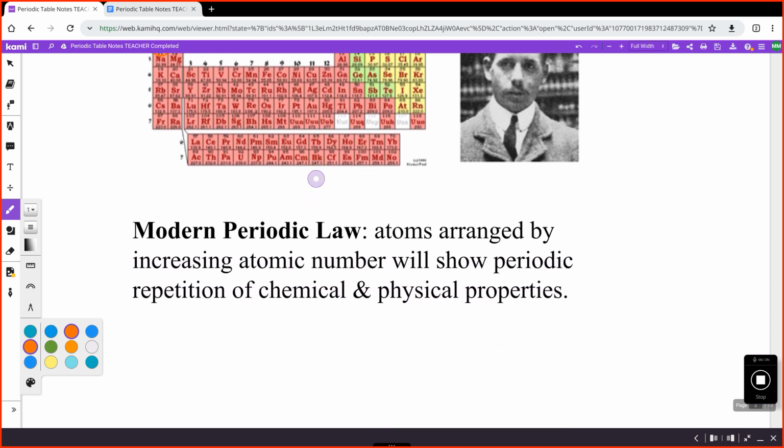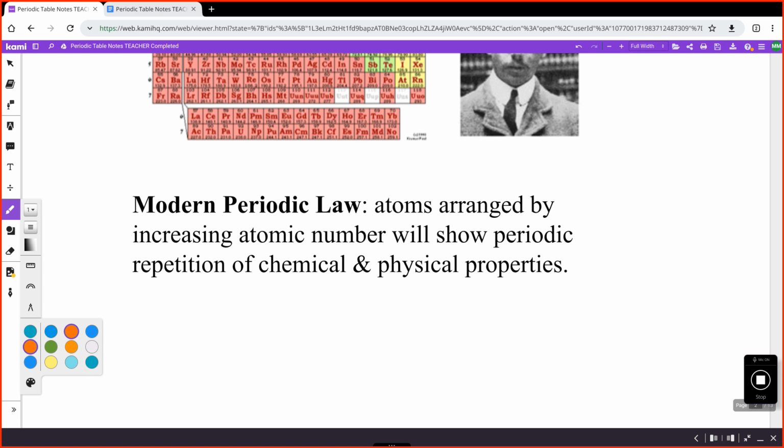Okay? So, the modern periodic law says that atoms are arranged by increasing atomic number, which is what we just talked about. That's the big idea here. And they will show repetition of chemical and physical properties.